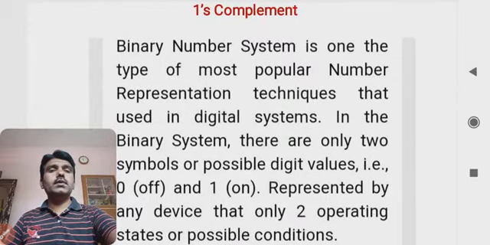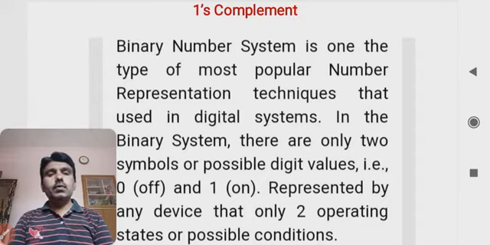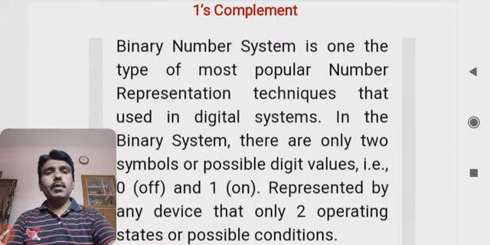So the first is, as we are aware, the binary number system itself contains only 0 and 1. These two digits are complements of each other.